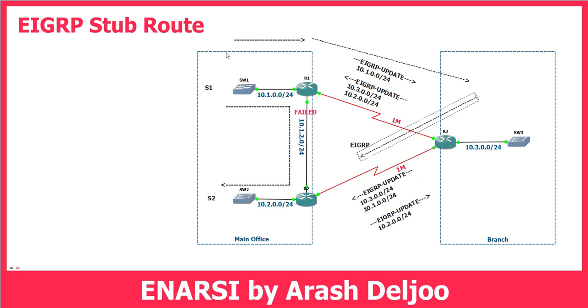Assume that we are sending traffic to R1, forwarding traffic to R3, and then the traffic is received at R2. Maybe in a simulator or emulator this happens, but you know that in the real world, if you try to send 1 gigabit per second over a 1 megabit per second link, this link is saturated, and the result is that you will lose your communication between the branch and the main office.